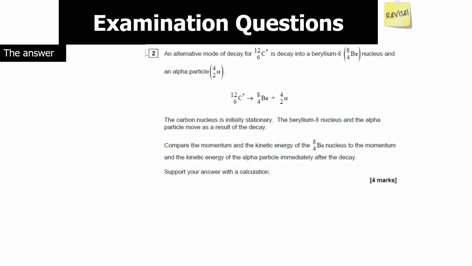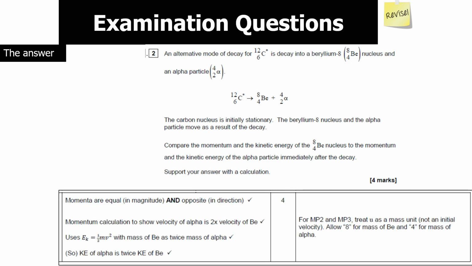Right, so how do you answer this particular question? Well, you've got to be aware that we need to conserve momentum in this particular decay. We know the carbon nucleus is initially stationary, so the positive momentum of one must equal the negative momentum of the other. So we can say that the momenta are equal in magnitude yet opposite in direction.